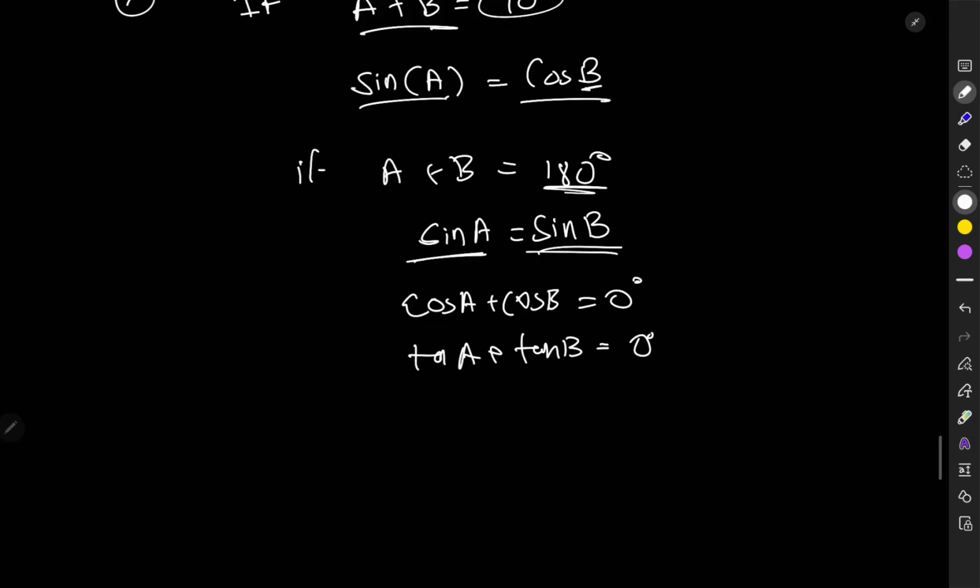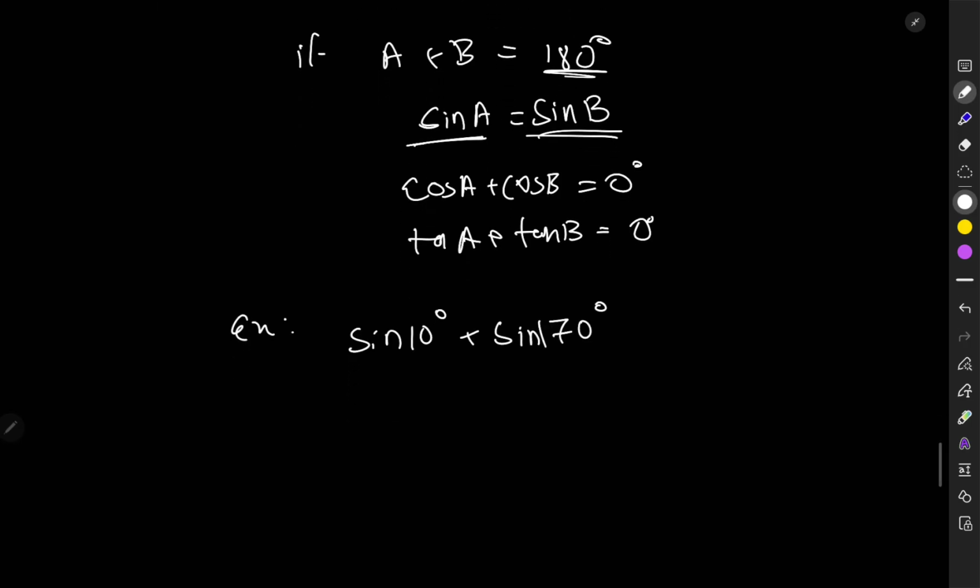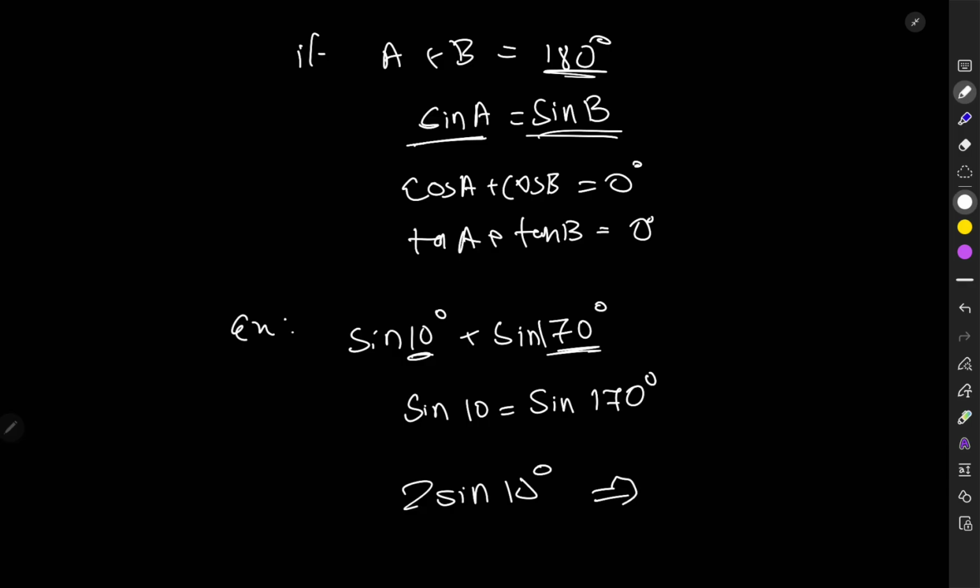For example, let's say you're having sine 10 degree plus sine 170 degree. When you add this, we'll get 180. So I can tell sine 10 is equal to sine 170, so I can write 2 sine 10 degree and solve the problem.